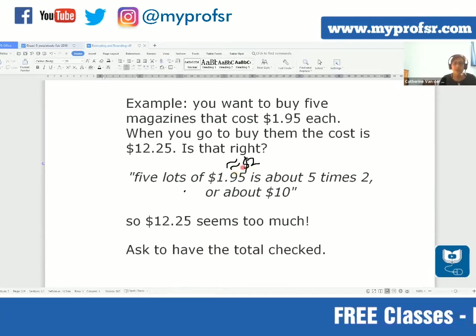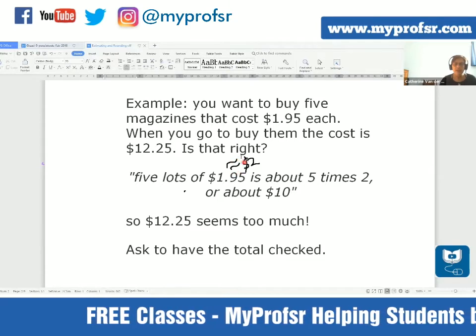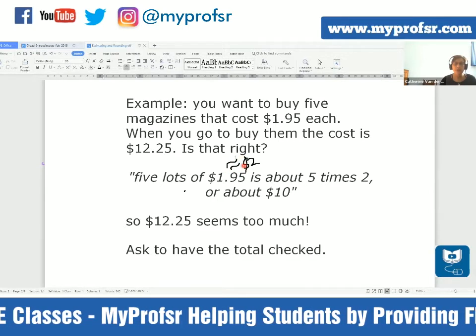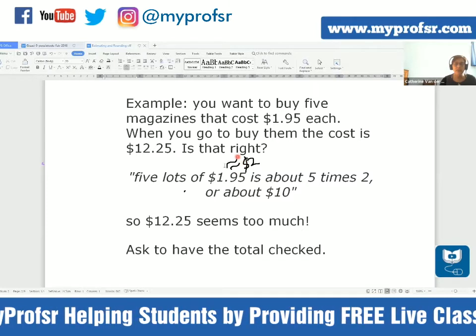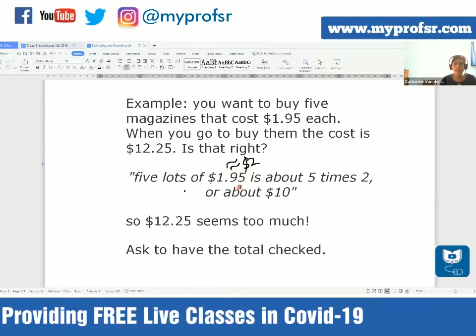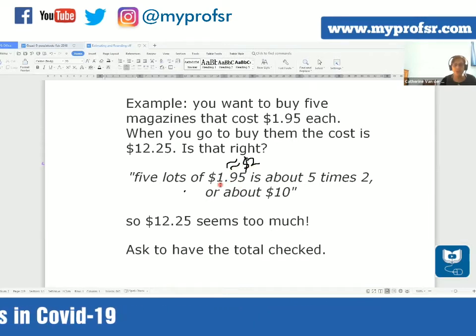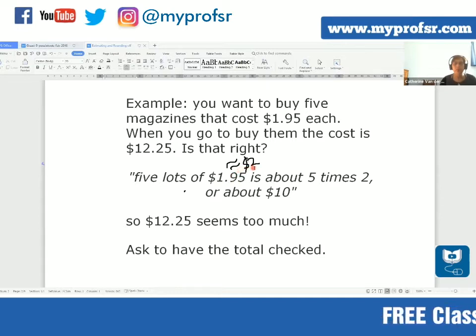You can also see that I'm working with the same sign, a strange sign here. It looks a little bit like the is equal to sign, and it means is approximately the same. So $1.95 is approximately the same as $2.